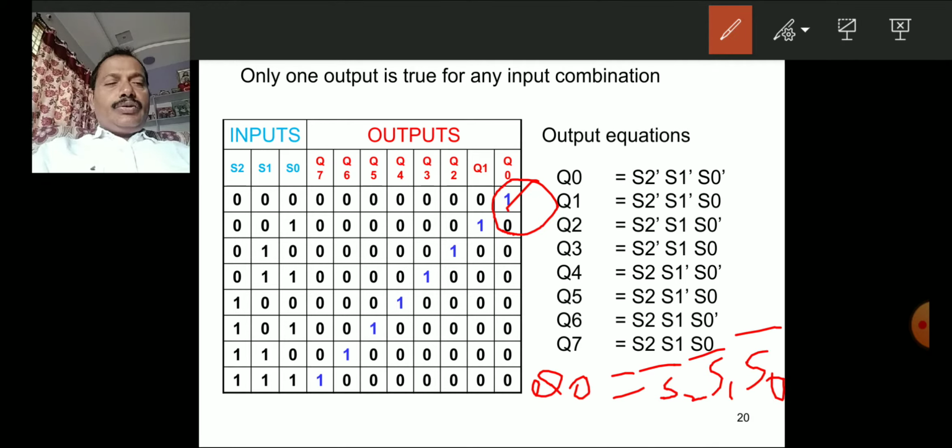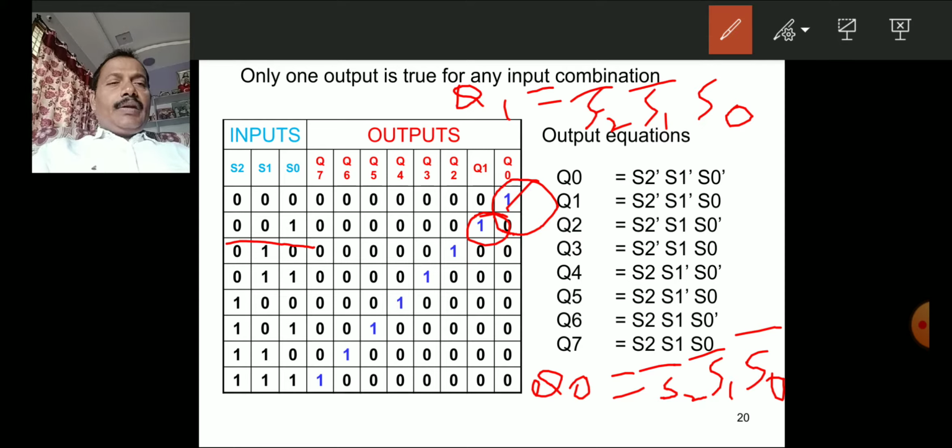This is the Q0 equation. Similarly, the Q1 equation. Q1 is 1 whenever the combination 0 0 1 is there. That means S2 bar, S1 bar, S0. This is Q1.